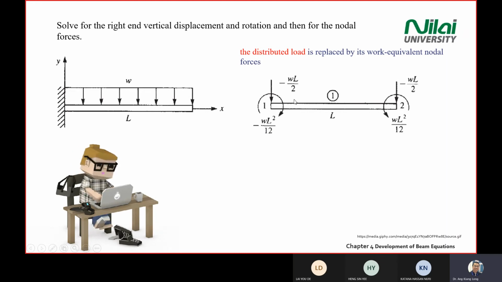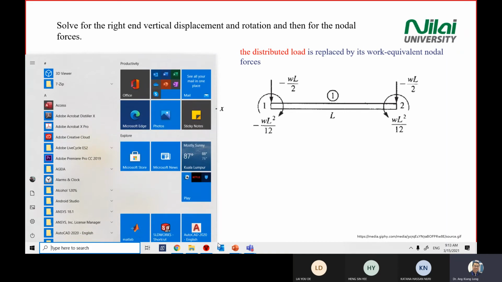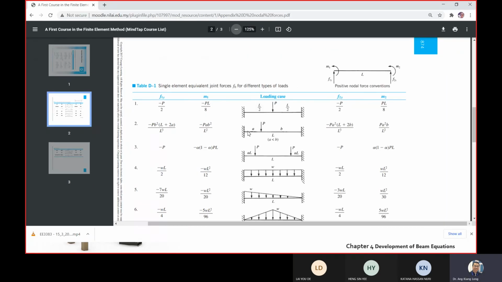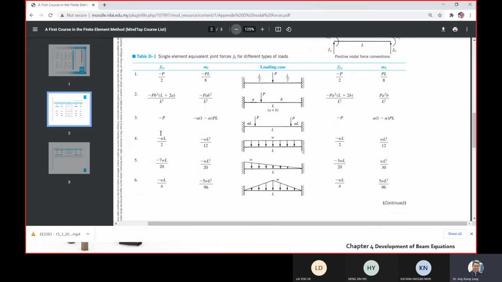So this one you refer to Appendix D, which is here. You refer to case number 4. You have your F1y, moment 1, F2y, your M2.